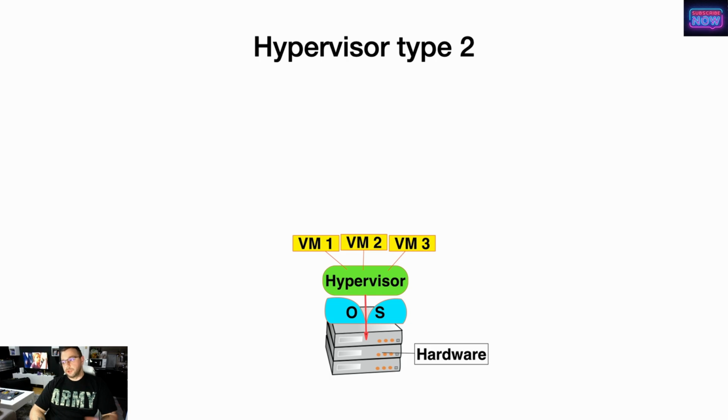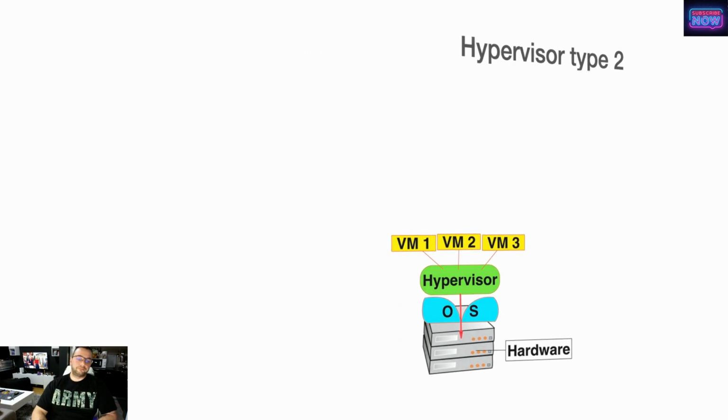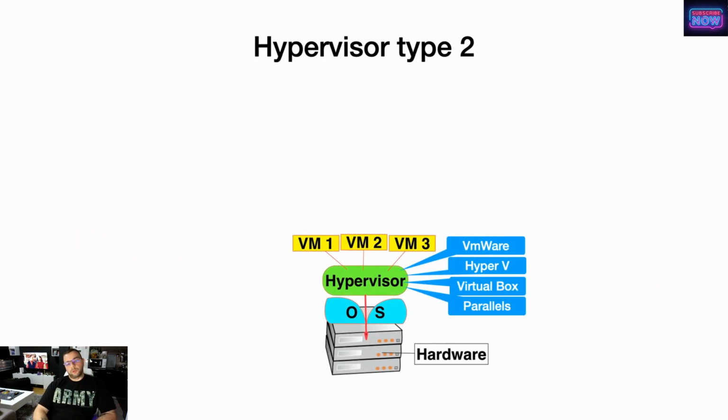So we have hardware, we have an operating system, and a hypervisor as an application, and from this hypervisor application we can run virtual machines. Some of the most popular are, again, VMware, which is number one, but you have to pay for it, and it's not cheap. And then we have Hyper-V, which comes with Windows 10 Pro edition for free, of course.